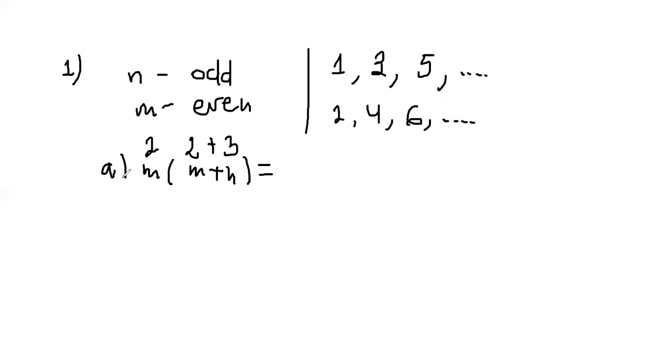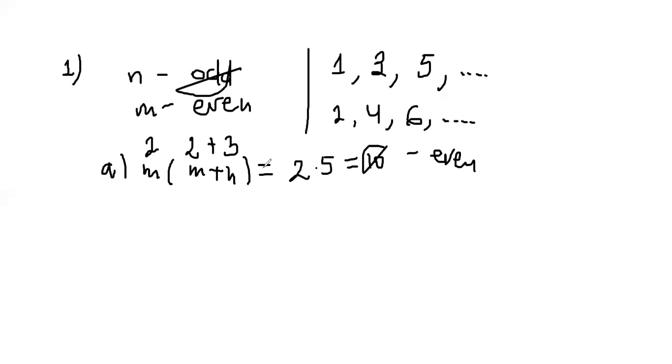In this case, our expression will be 2 times 5, which makes 10. So we get an even number. It doesn't satisfy our condition because we are asked to get the odd number in the end.